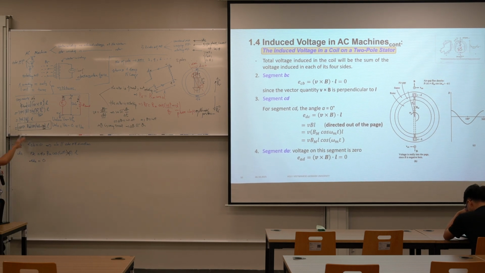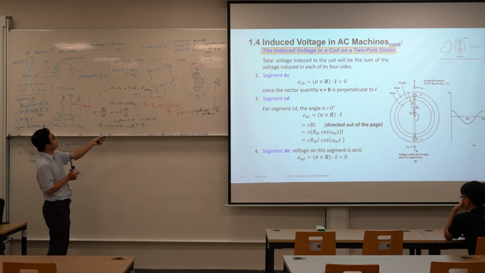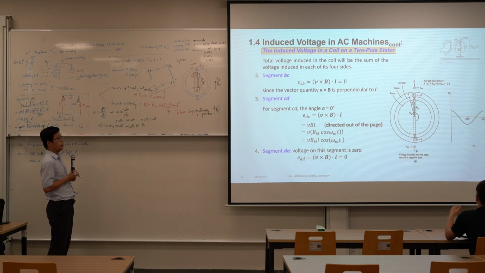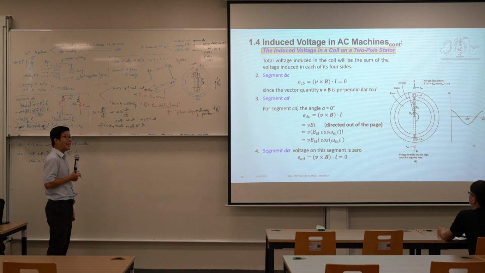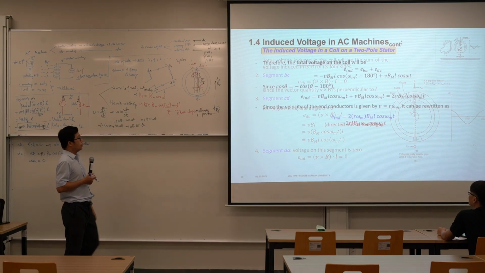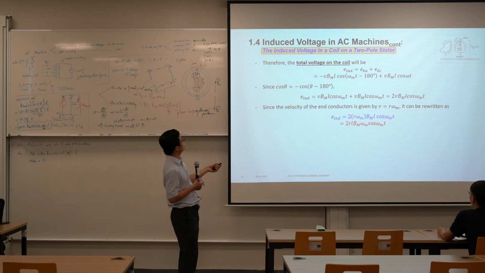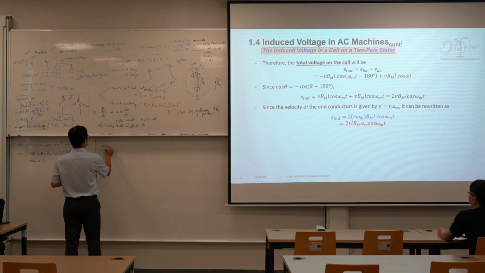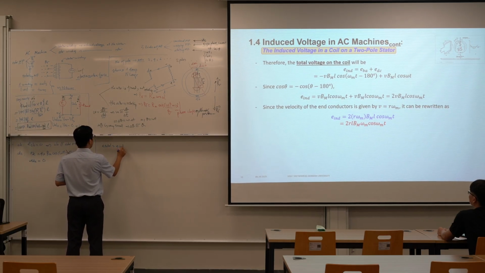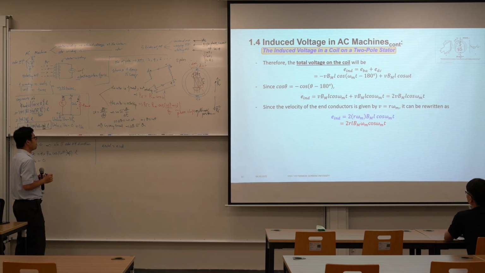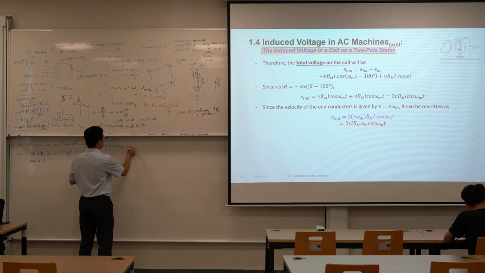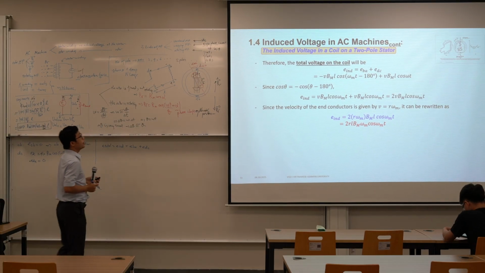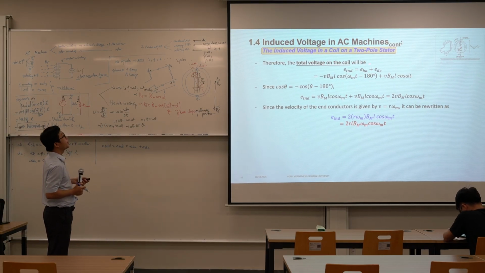Then we combine. AB, BC, CD are connected in series, so the total voltage is the sum of individual voltages. E total, meaning the induced voltage, is EBA plus EDC.